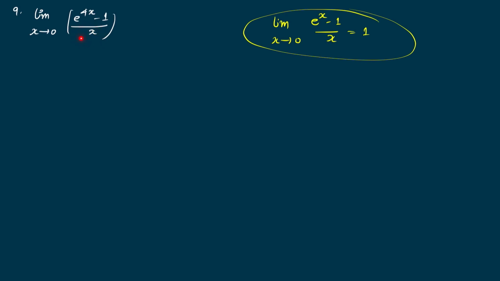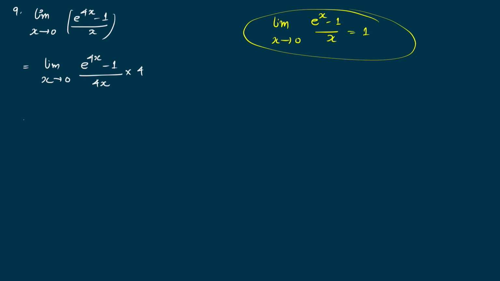So how to make this portion 4x? I will do one thing. It will be like limit x tends to 0 of (e to the power 4x minus 1) by 4x. So I am just putting myself 4. But in order to balance it, I will multiply with it 4, because if I do like this, then this 4 and this 4 get cancelled, the value will remain same. So I can do that way.